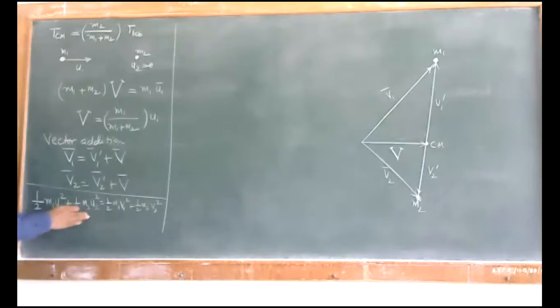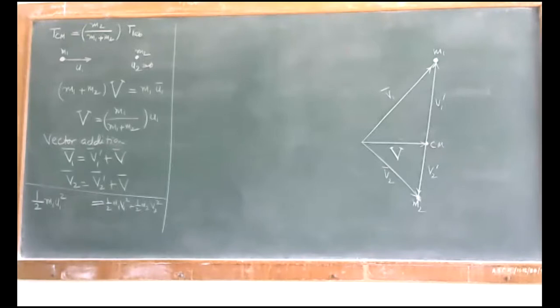But u2 is equal to 0, so only one term is there on the LHS, that is 1/2 m1 u1 square, which is equal to 1/2 m1 v1 square plus 1/2 m2 v2 square.